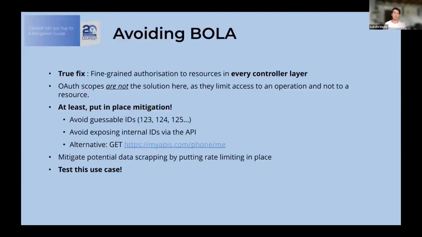API 1, you may have heard this as IDOR previously. The people who were creating the API top 10 decided to rename it to BOLA, for Broken Object Level Access, right? Just to make sure we all understood that this is an authorization problem.